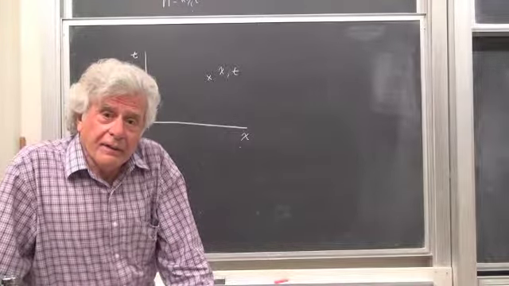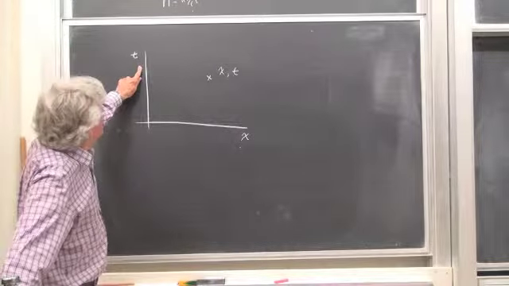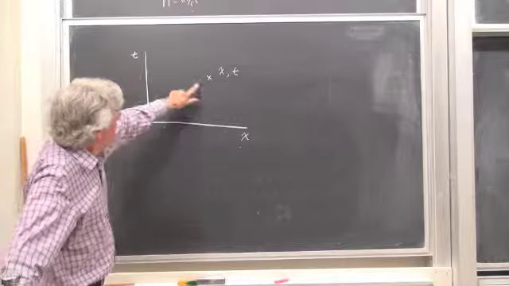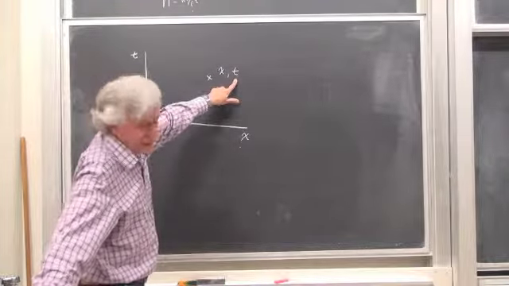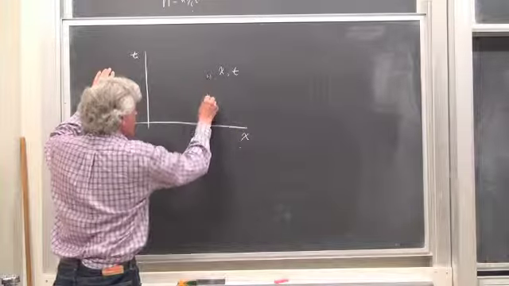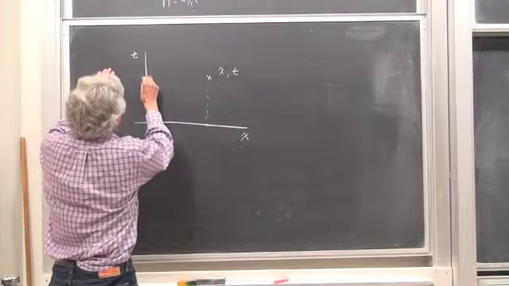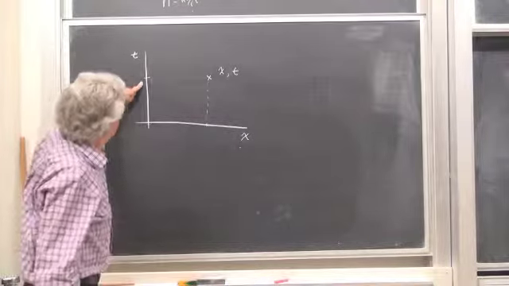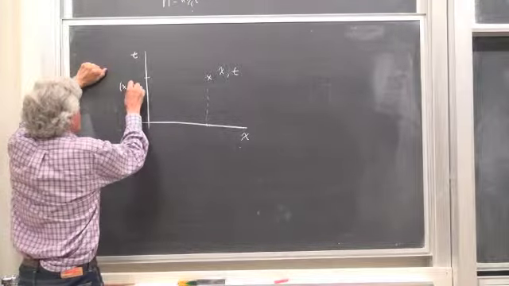This is a plot of the position and time seen by the stationary observer. Each point here represents a particular position and a particular time. This point here would represent that x value and that time value. The t-axis is distinguished by x equals 0.